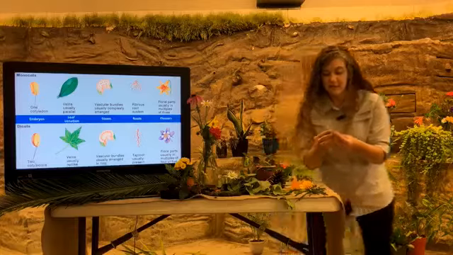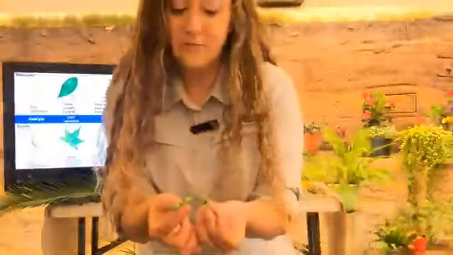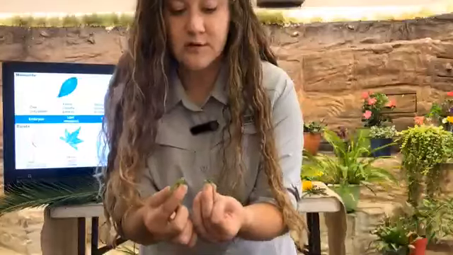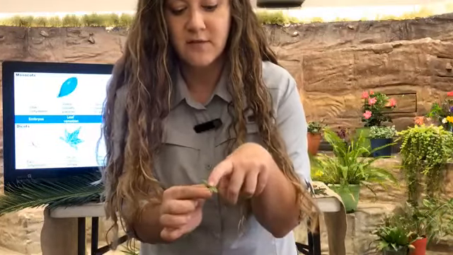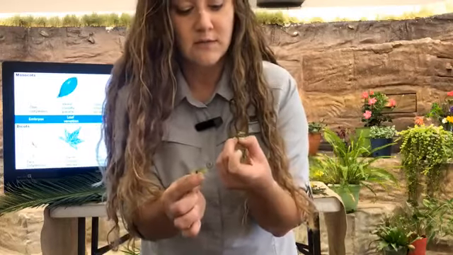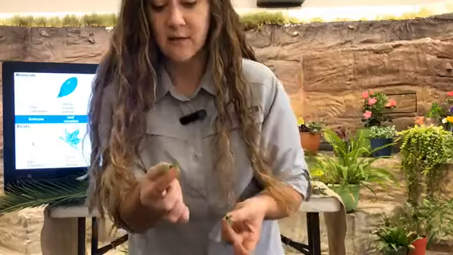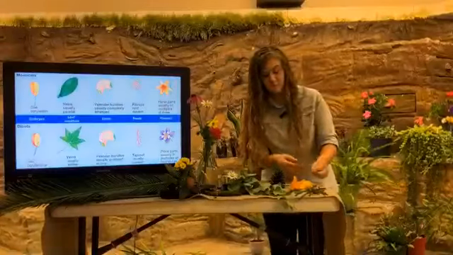These are actually some Gerber daisy sprouts. They're not seeds anymore, they're sprouts. But they actually have those two, and then they're getting that last one, but they have two little leaves right there. That's actually what the plant ate, or the baby ate.